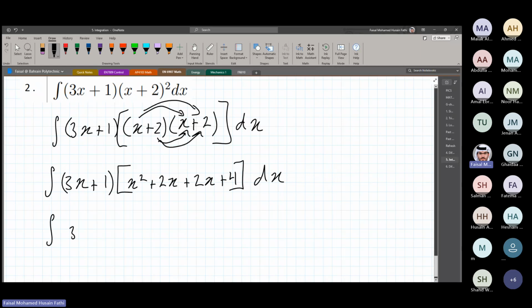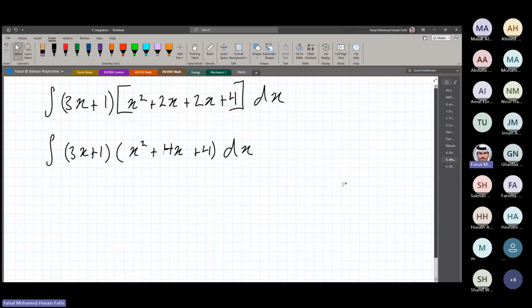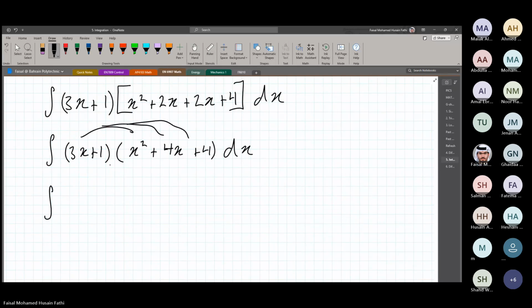Simplify. It's going to be 3x plus 1 into x squared plus 4x plus 4 dx. This is just algebra. We are not doing any integration yet. Again, we distributed 3x into all of these, and then the 1 into all of these.